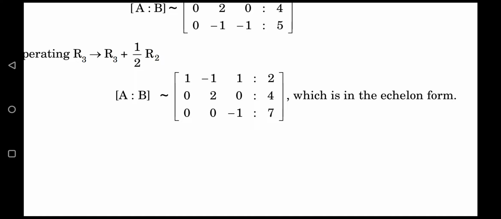You can see here the rank of A is equal to 3, which implies the rank of A augmented B is equal to the rank of A. In this case, the system of equations has a unique solution because this is also equal to the number of unknowns x, y, z, which is 3.